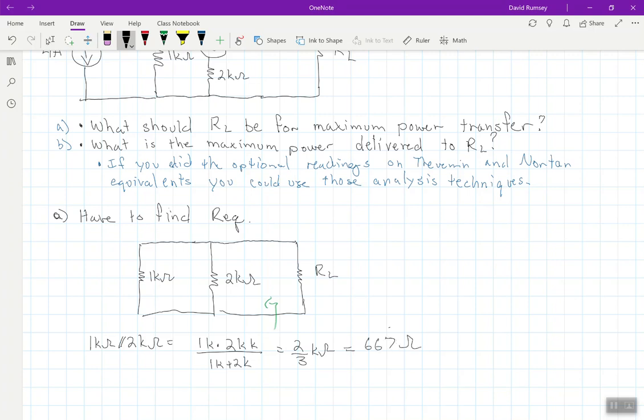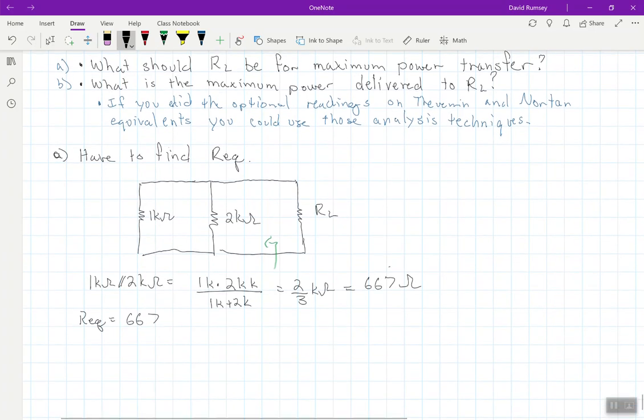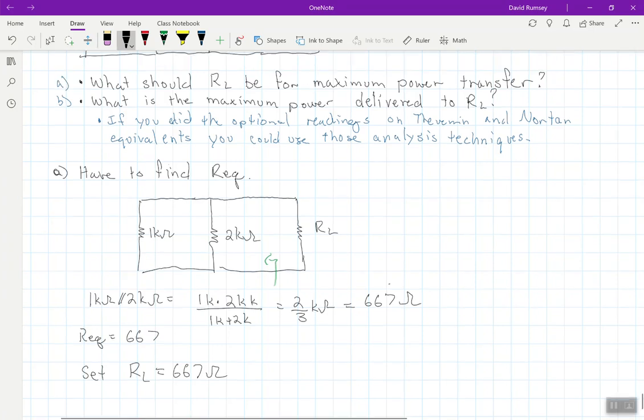I know that's rounding. So 667 ohms, that is our equivalent resistance. So for part A, we would set RL equal to 667 ohms for max power transfer.